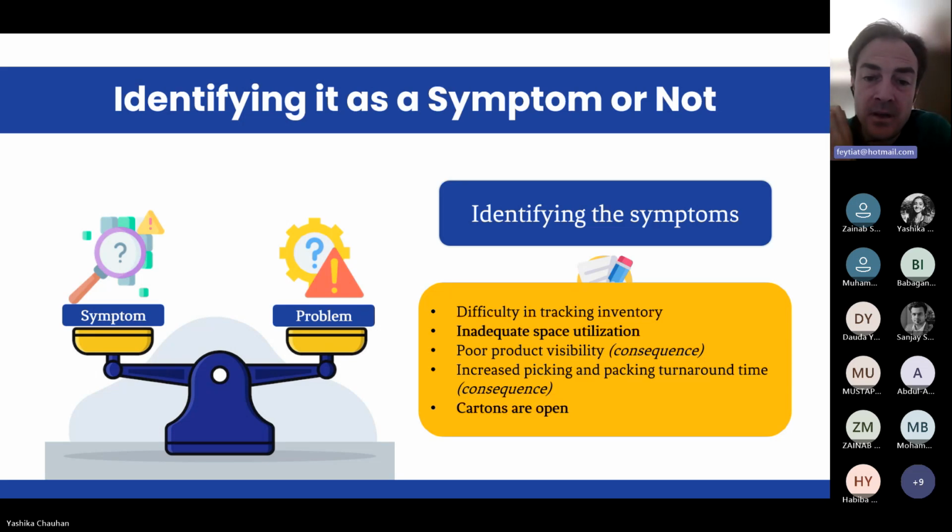Inadequate space utilization, cartons are open. It is very chaotic. So you see, symptoms and problem are linked in the sense that if it's a problem, if yes, it's a problem, then we engage in the intellectual pathway to say it is a symptom, and number two.